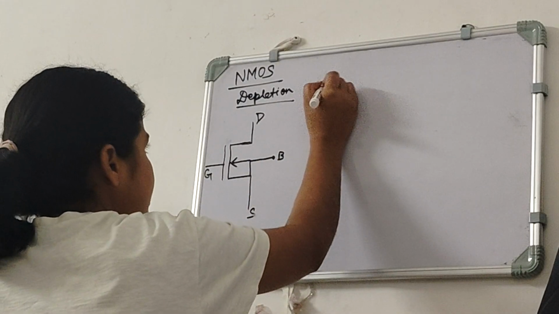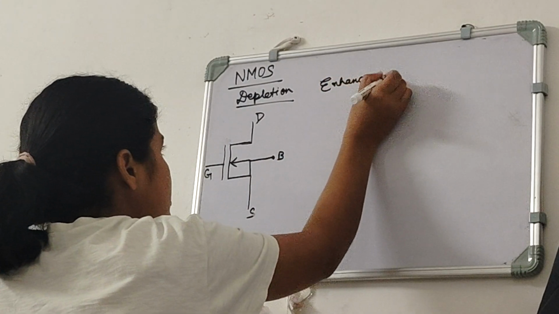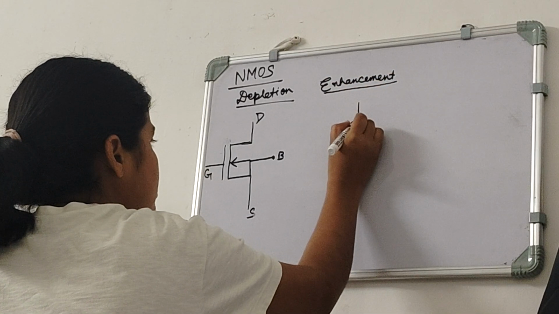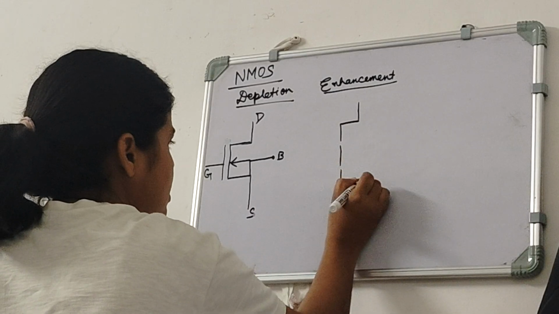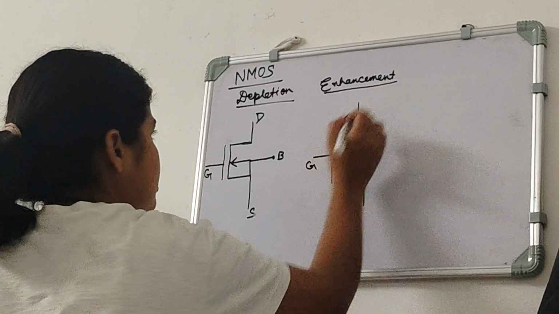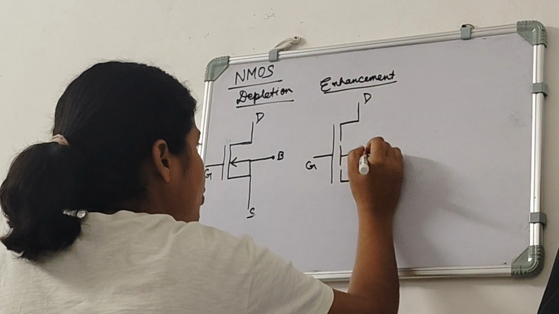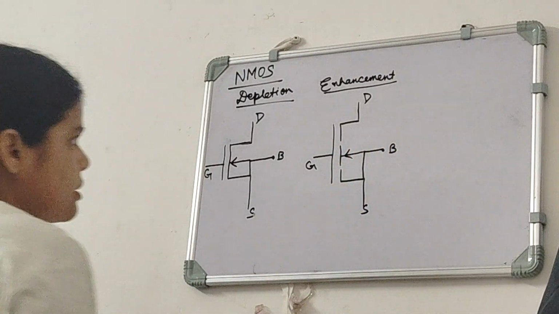And in enhancement, this is gate terminal, this is drain terminal, this is source terminal, and this is body terminal. And the arrow will be again like this.